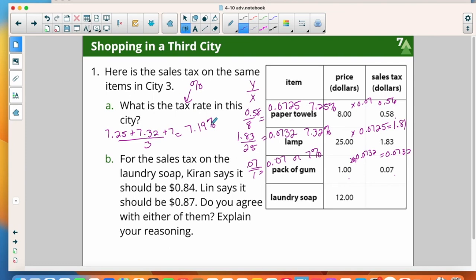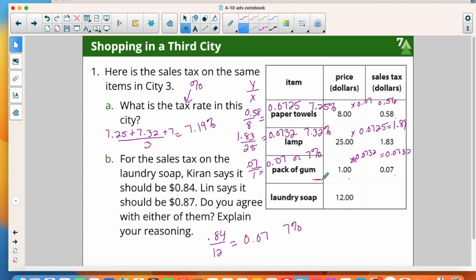Question B says, for the sales tax on the laundry soap, Kieran says it's 84 cents. Lynn says it should be 87 cents. Well, if I take the 84 cents from Kieran and divide by 12, we get 0.07 or 7%. So Kieran was using the pack of gum rate.